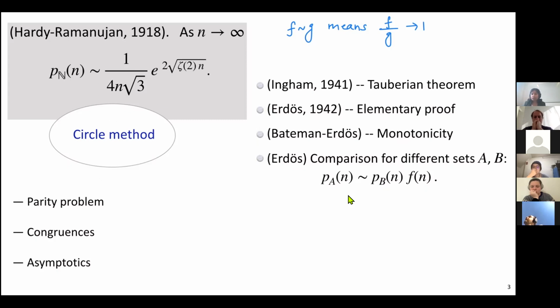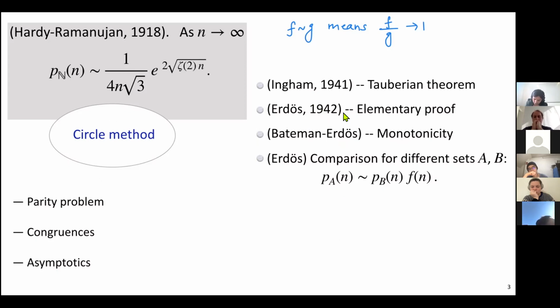So now you want to understand, for which sets A and B can you get some asymptotics, some function which could depend on A and B, of course, but could you say something like this for some general sets? So these are the problems or the ways of handling asymptotics. However, there are some other problems like the parity problem.